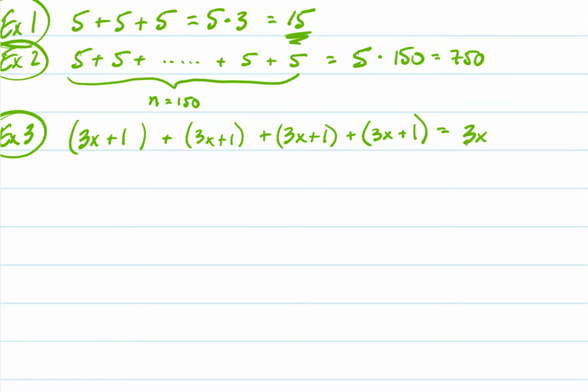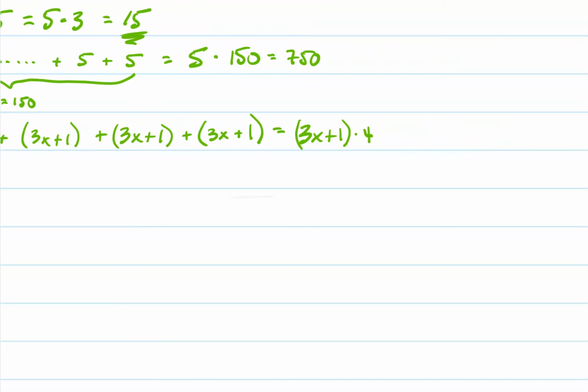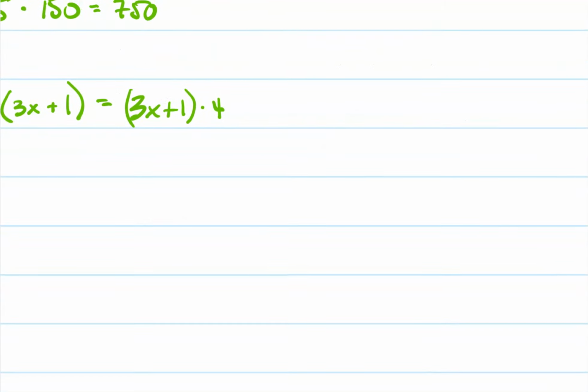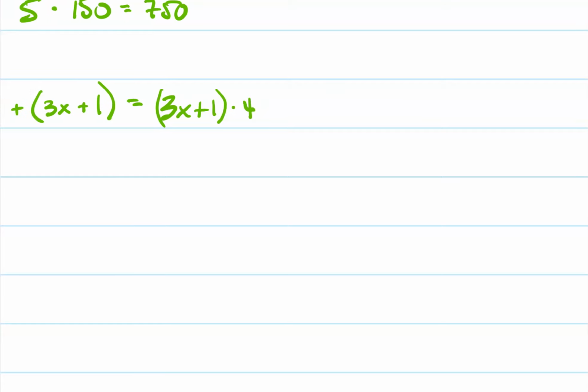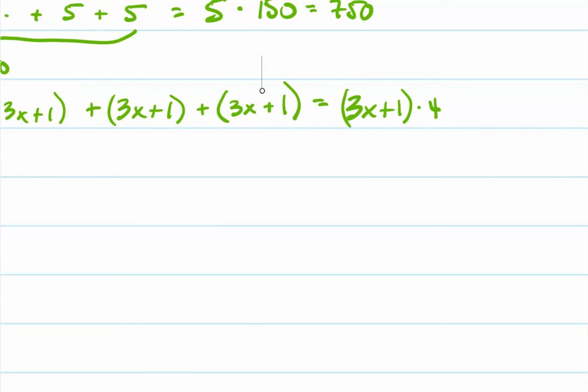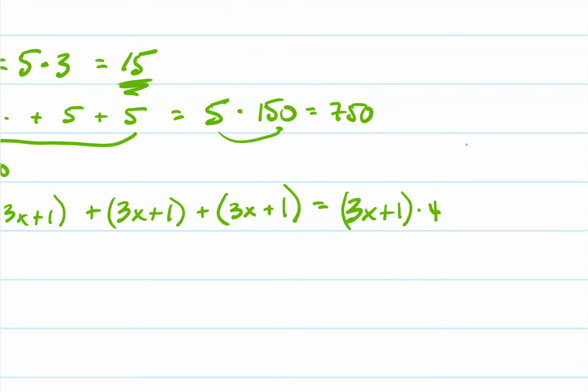Since it's 3x plus 1 that's being added together 4 times in a row, we can multiply this 3x plus 1 times 4. And we don't often see the number 4 on the right side of the parentheses, but we can move it to the other side. Just like we were saying before, the multiplication of these two numbers could be reversed.